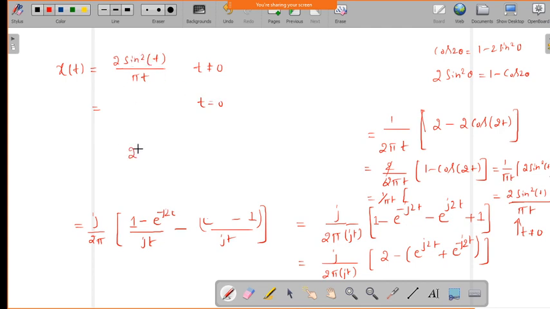So this formula also we can write, or we can write one more.